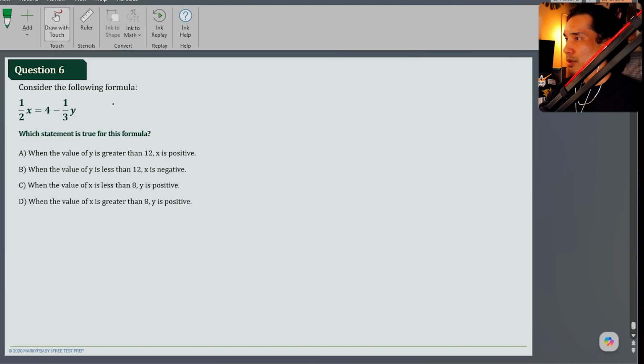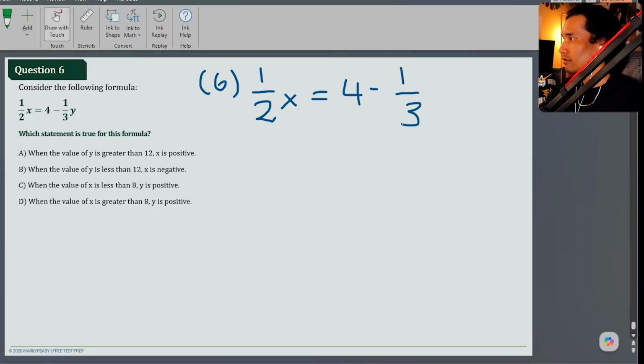So I'm going to multiply it out. I'm going to do it right here just to show you what is happening. Multiply everything, the whole formula, by 6. All right, so this 6 is going to get multiplied by this 1/2.